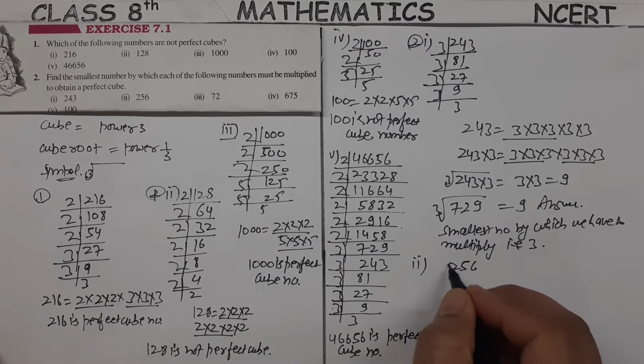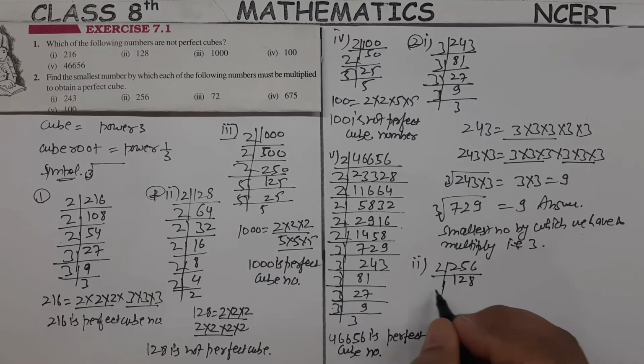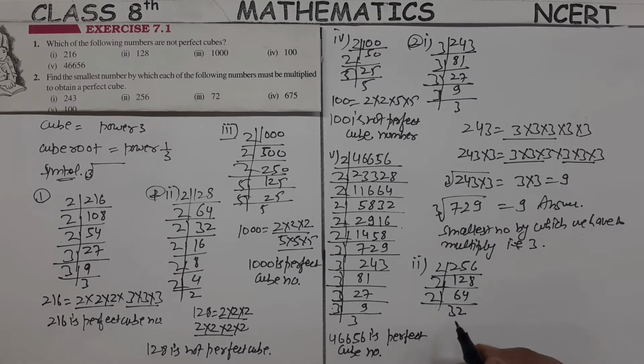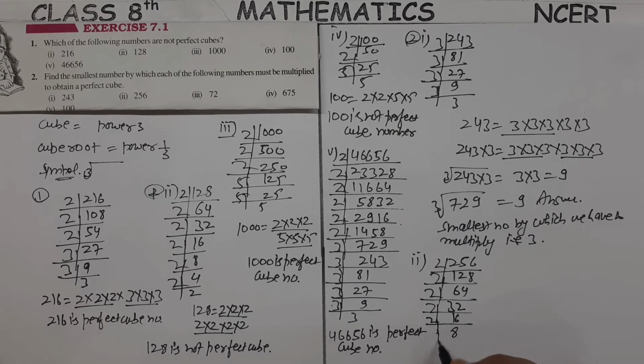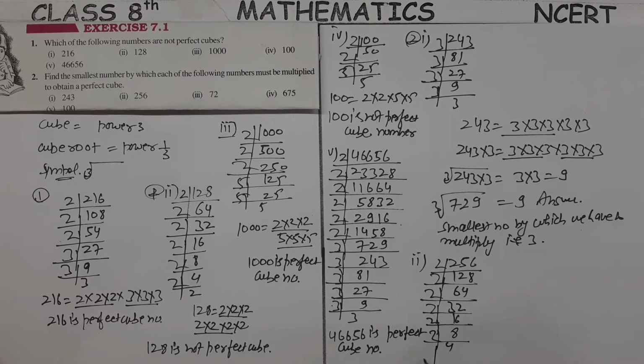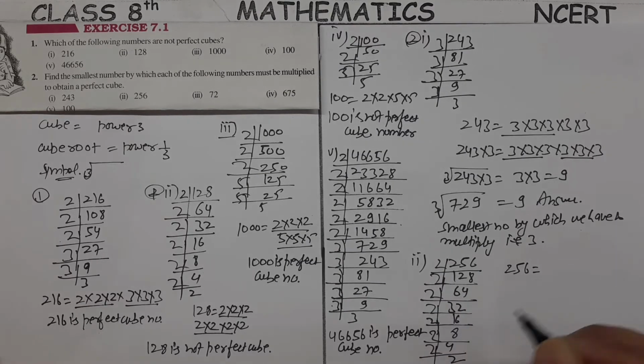Part second, 256 prime factors: 1, 2, 3, 4, 5, 6, 7, 8.